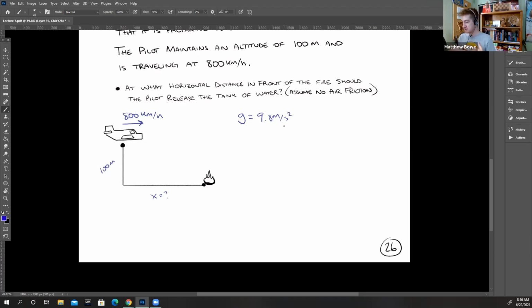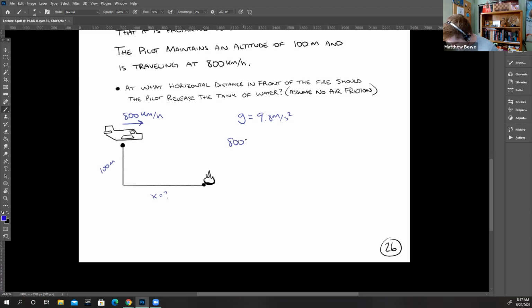The problem doesn't say I need the answer in kilometers or I need the answer in meters. So this is meters per second squared, and I think it's easier for me to convert this value, 800 kilometers per hour, to meters per second before we start the problem.